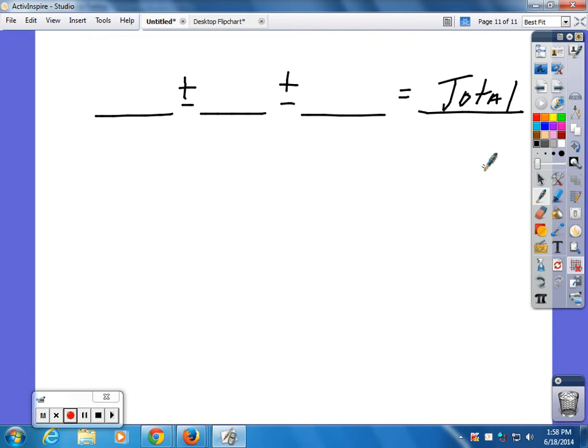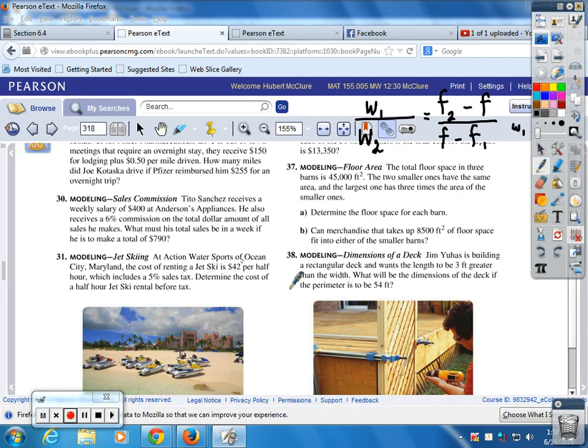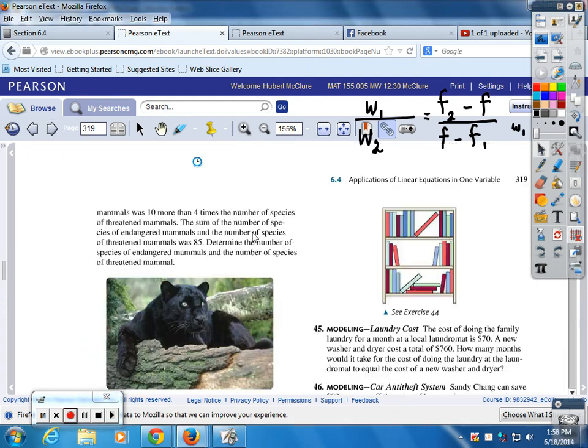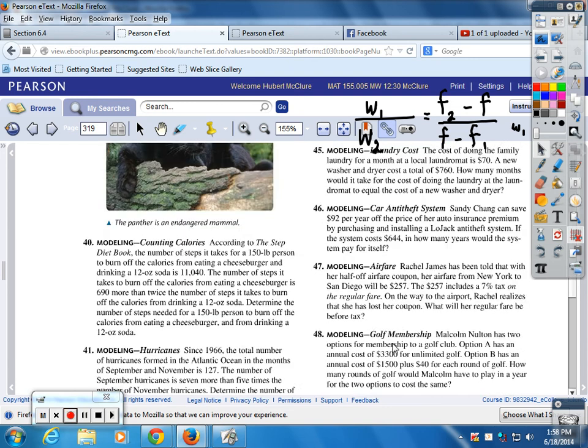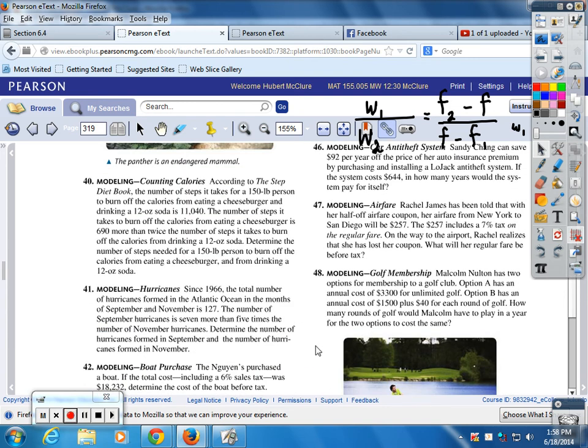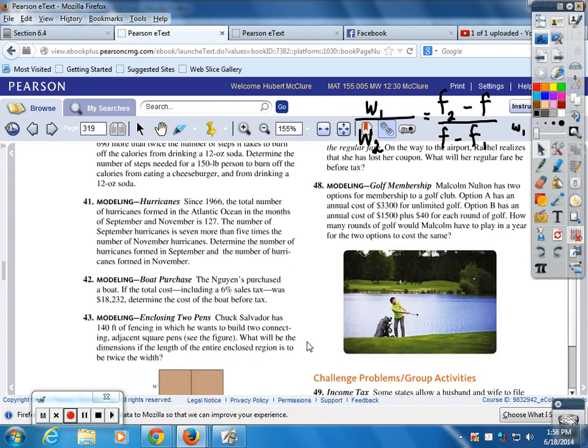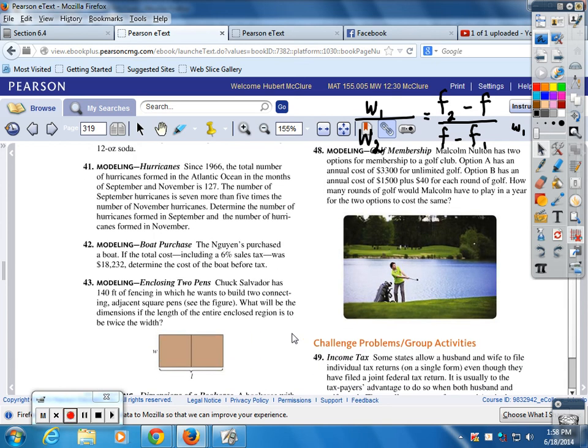Let's try another. Boat purchase, number 42.